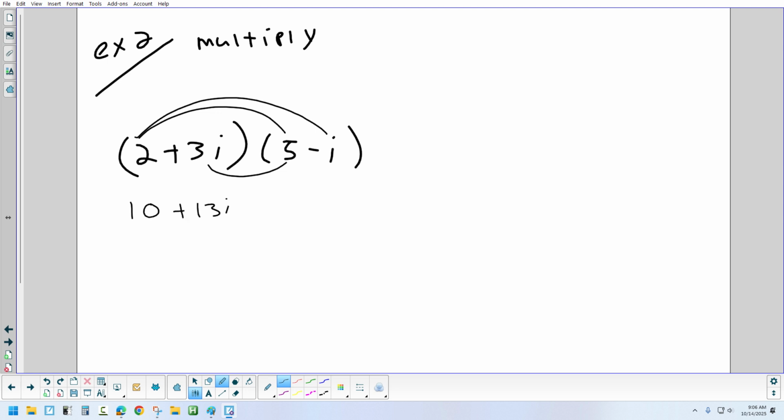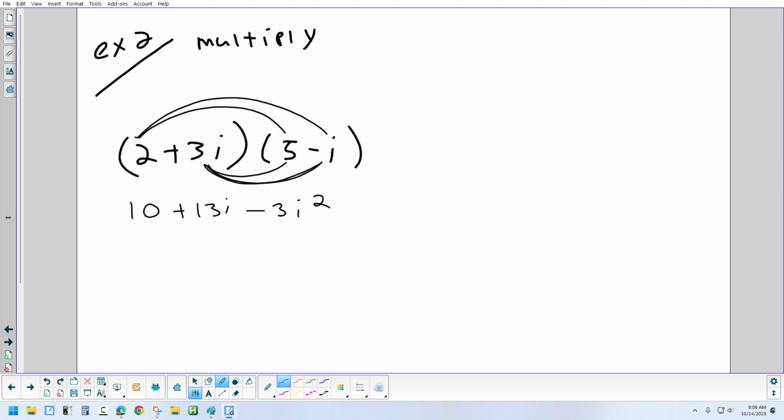And now the last part, first of all, it's a positive times a negative. Positive times negative gives me a negative. And what's 3i times negative i? Yeah? Negative 3i squared. Right, we got the negative 3i squared.